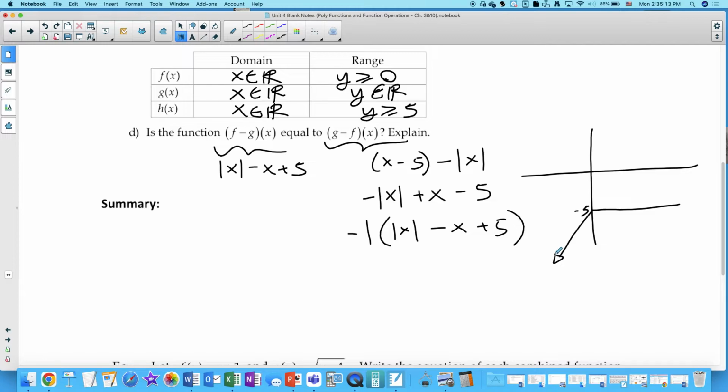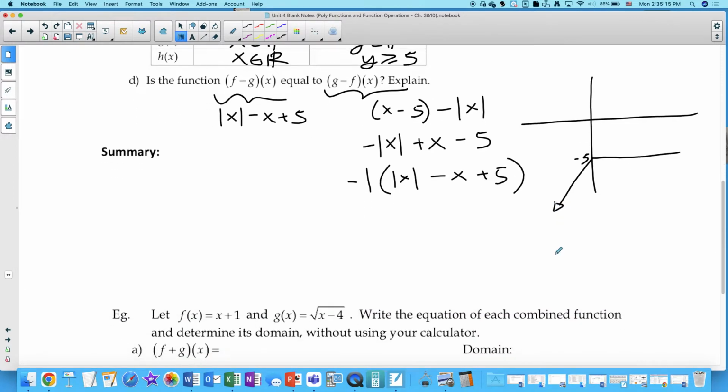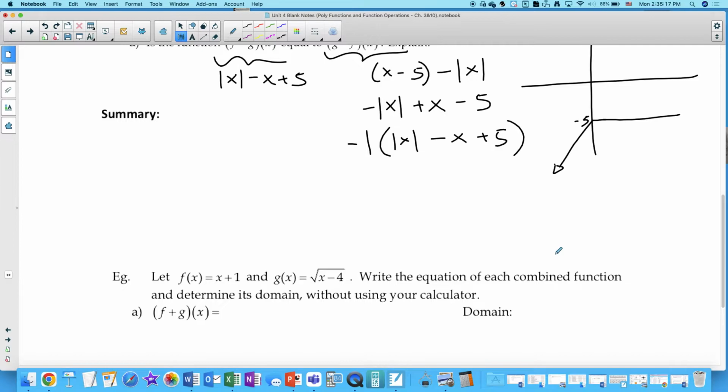Okay, so in summary, to add or subtract two functions, we are essentially just going to add or subtract the original functions and simplify if we can.